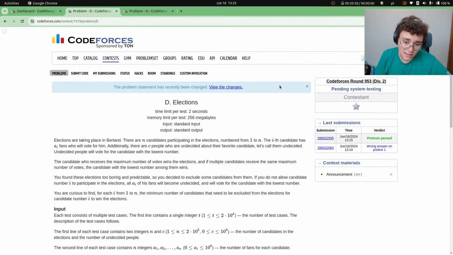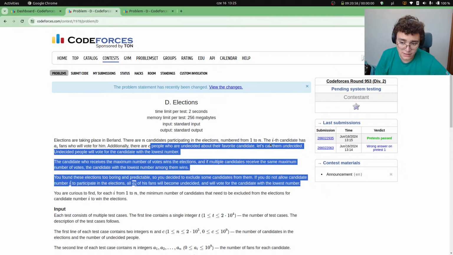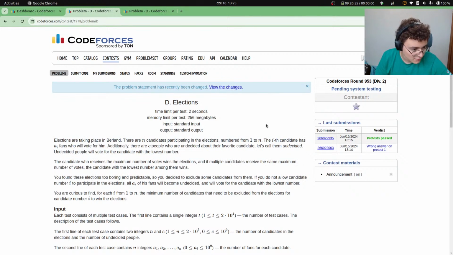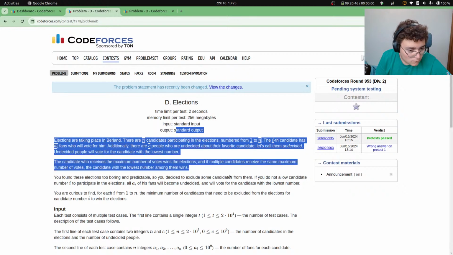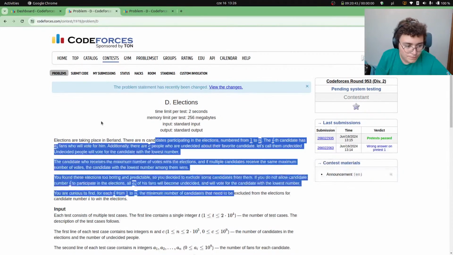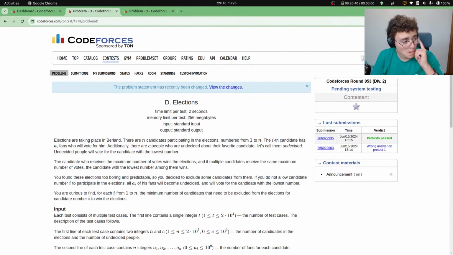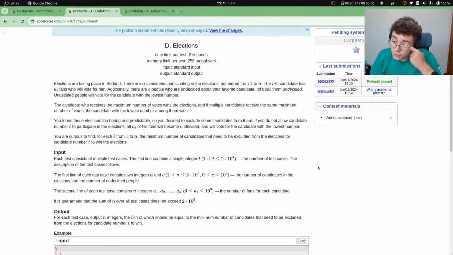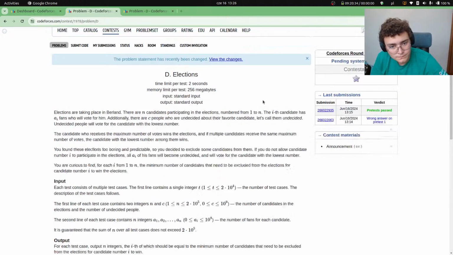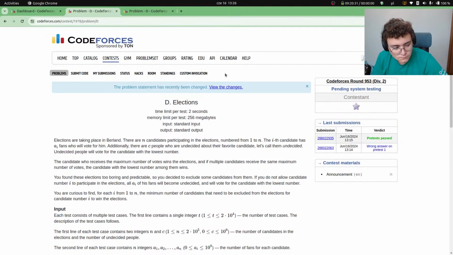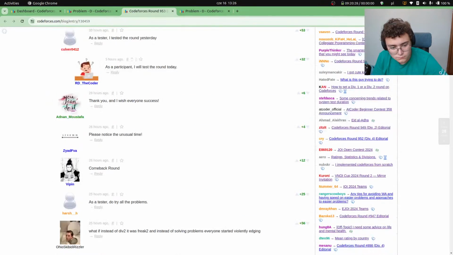In C I still don't know how to print that permutation. Okay, so let's solve D.